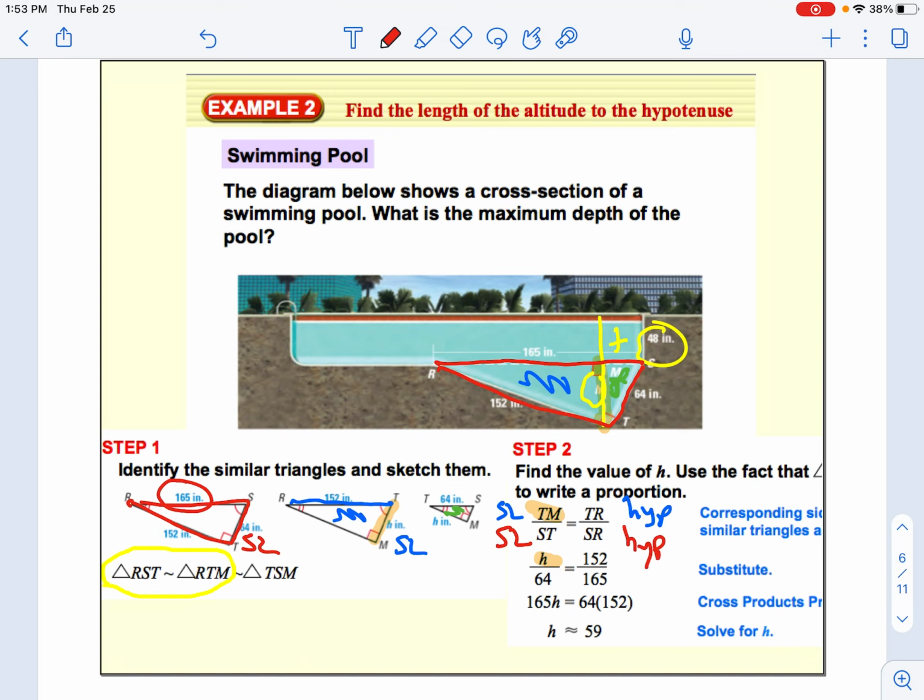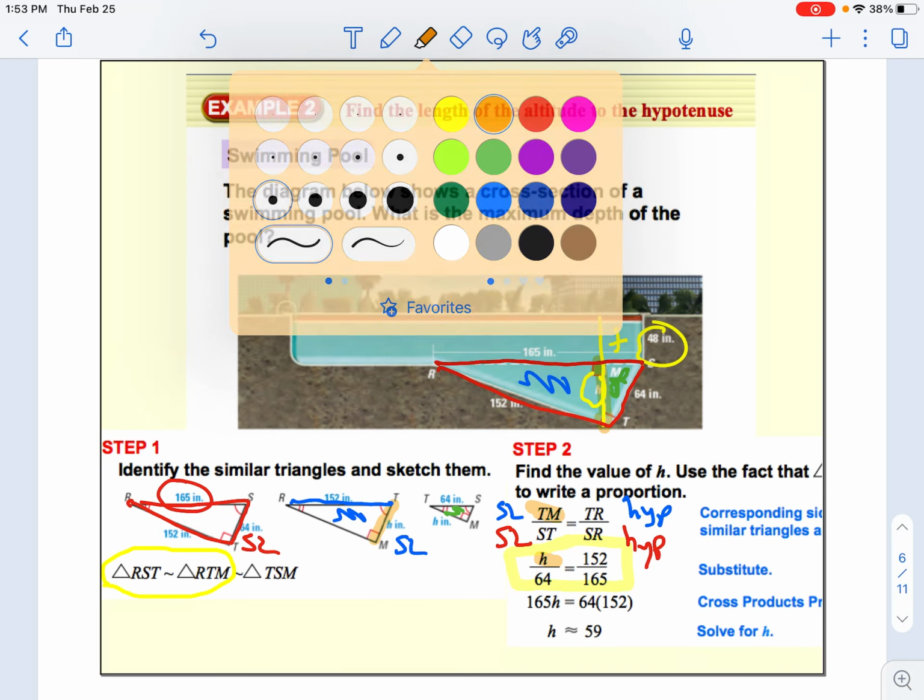So now we fill in the values of those pieces, and we get this proportion to solve.